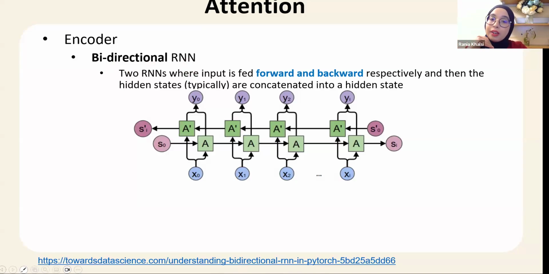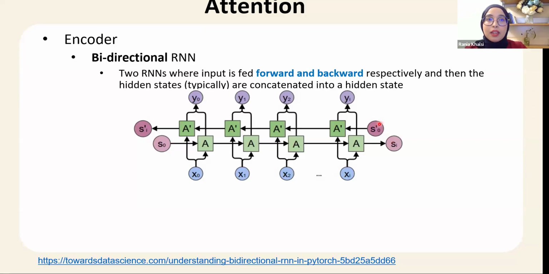A bidirectional RNN mainly consists of 2 RNNs or 2 LSTMs. One processes the sequence forward, like you see here from S0 to SI. This is a forward processing of the sequence.